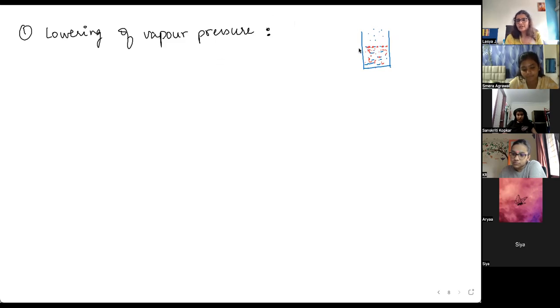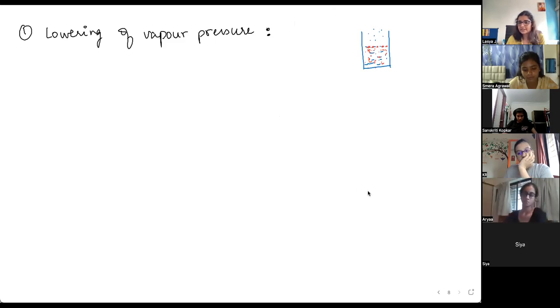This is a colligative property because how much the vapor pressure is reduced only depends on how much of the solute you're putting, like how many solute particles there are. It doesn't depend on whether it is a polar solute, non-polar solute, an acid, or a base.